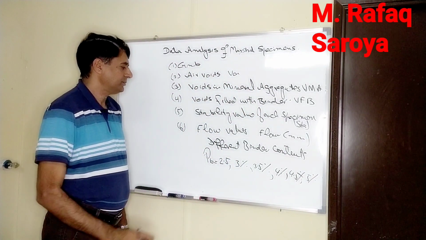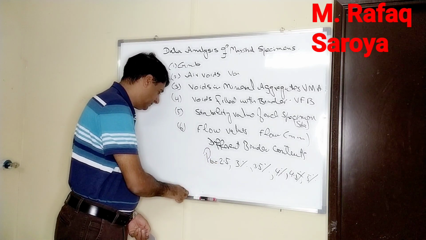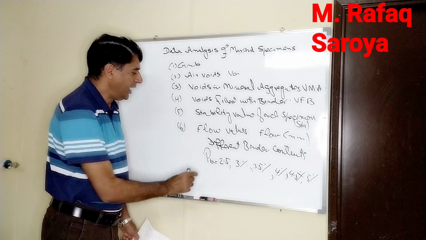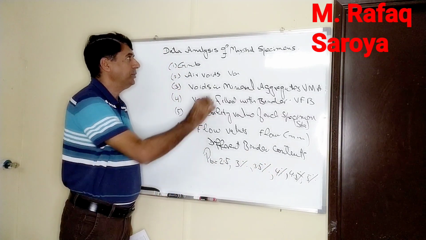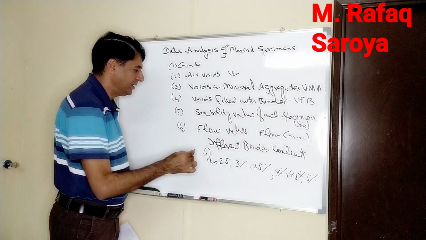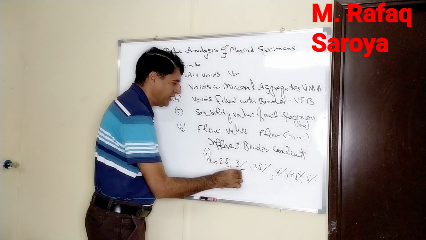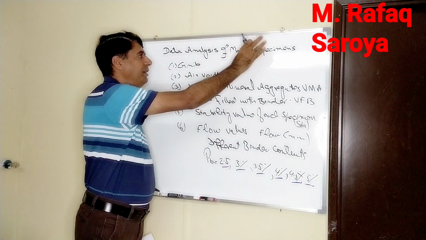Clear? It means, here I would like to tell you one thing. These are the binder contents being used for the development of the Marshall specimen. Clear? Let me explain it.